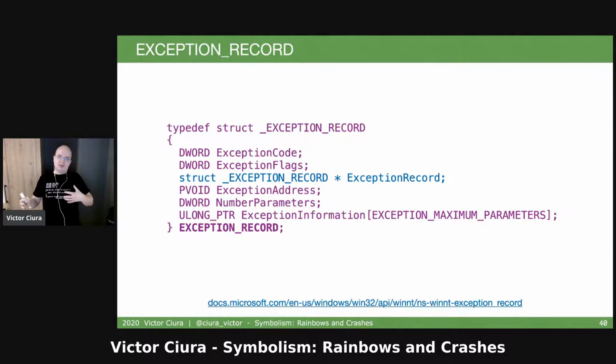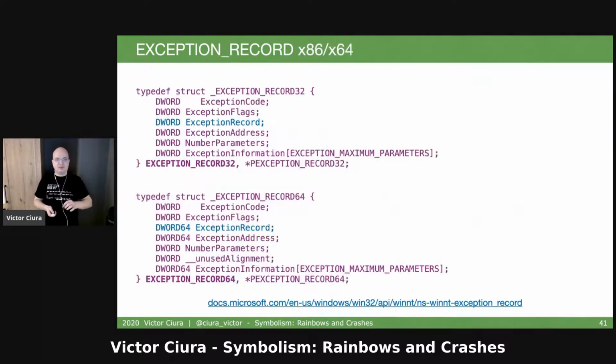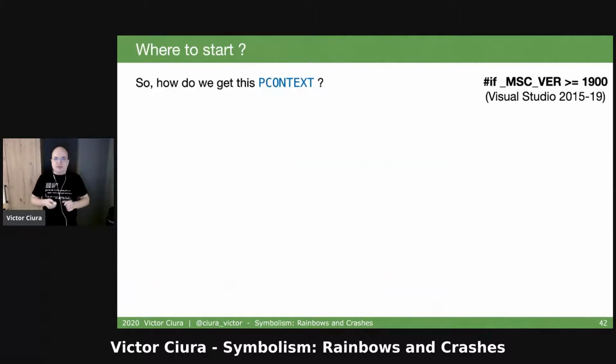There's a lookup mechanism as opposed to a linked list traversal, so it's more efficient in the unhappy path. It's a little bit more efficient on 64-bit. Other than that, the structure looks mostly the same. If you contrast the explicit 32-bit and 64-bit structures that the Windows SDK defines for us, you see that a pointer of different size is there and depicts the exception record, and it either points to a table or a linked list. It's not important.